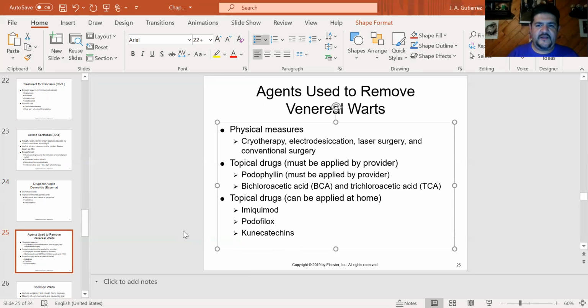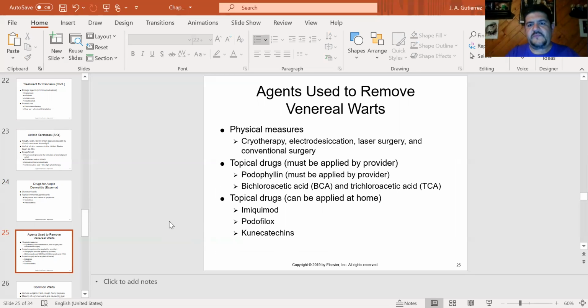Okay, regarding warts, this is venereal warts. These are warts that grow on the genitalia, male and female, and there are different ways of removing them. We have to make sure we remove them, because they can produce cancer, especially in the female patient.